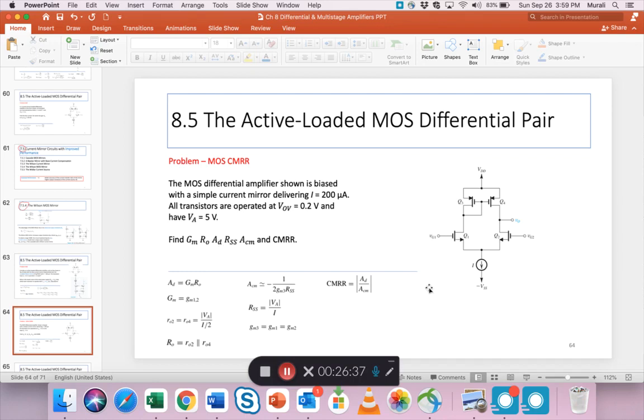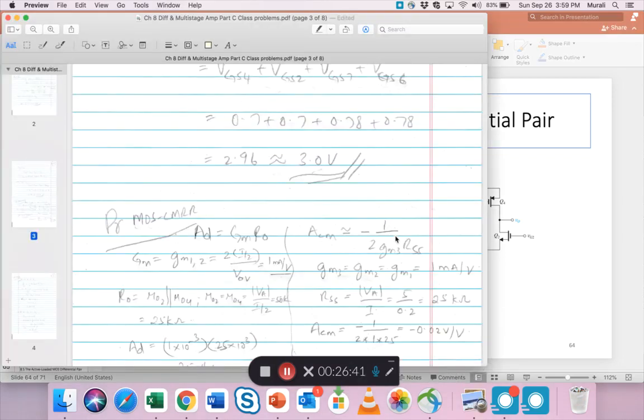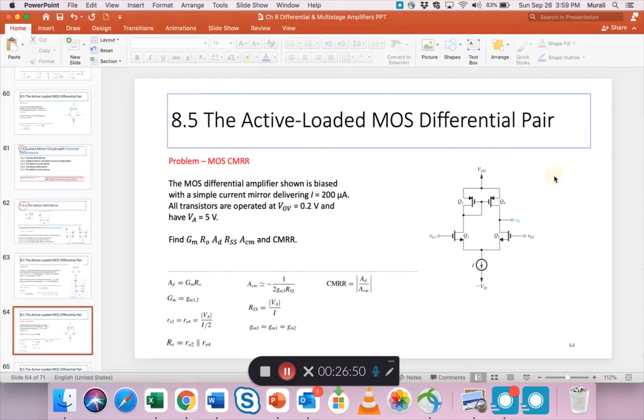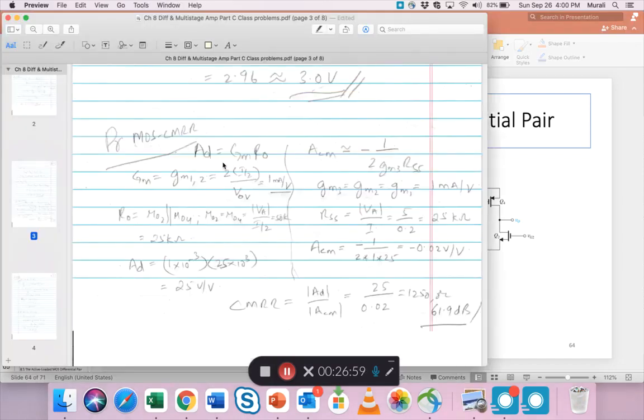Simple problem, not too difficult to comprehend. But let's see how we do it. So to find GM, I didn't show you the formula for GM12, but to find GM12, you need VOV. That's why VOV was given. All right. So AD is GM-RO, ACM is this formula with a negative, right?